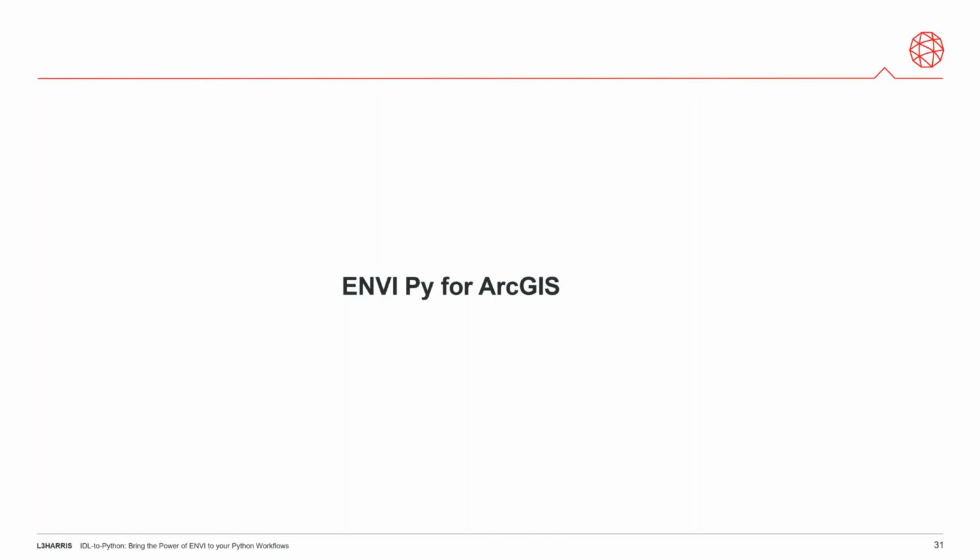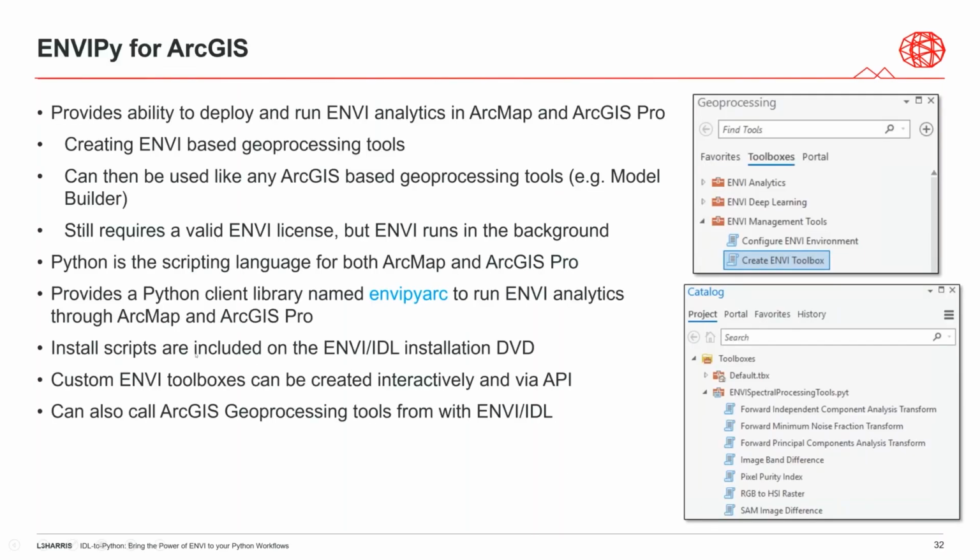So this example, though, which I've been wanting to do for some time, is that James showed you how to, and we'll talk about this a little bit too, take ENVI tasks and deploy them into these ENVI toolboxes. If you have ENVI and you get ArcGIS and you install these things, you get ENVI tools deployed into Arc Toolbox, as you can see over here.